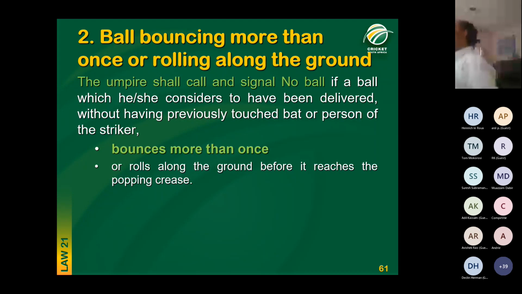The important part here is that the ball bounces more than once before reaching the popping crease. If it bounced once and then bounces a second time after the popping crease, that's a legal delivery. But if it bounced once and bounces a second time before reaching the popping crease, then the umpire is to call and signal no ball.